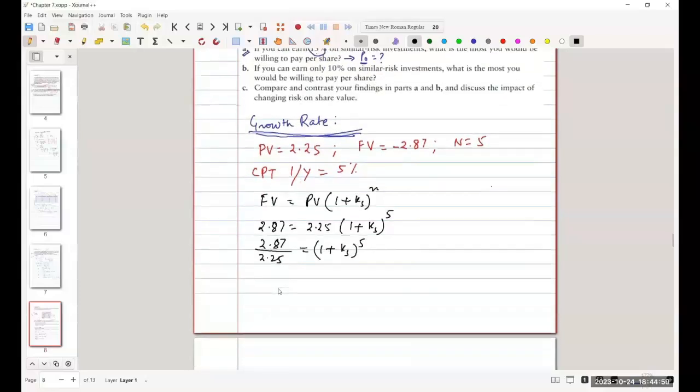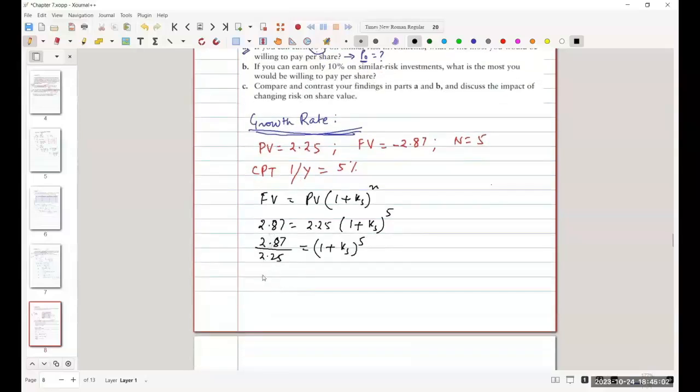Because we want to use the time value tables, the value for this will be 1.276. And this thing is nothing but the future value interest factor of $1 at k% for 5 time periods. So we will go to this table, the future value interest factor table. You know, it's laid out like this. Here are your periods n, 1, 2, 3, 4, like that. And here are your percentages: 1%, 2%, 5%, 10%, like that.